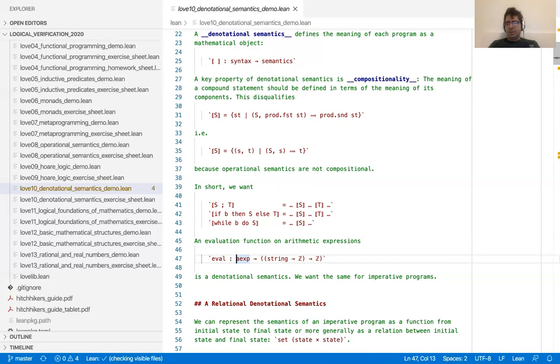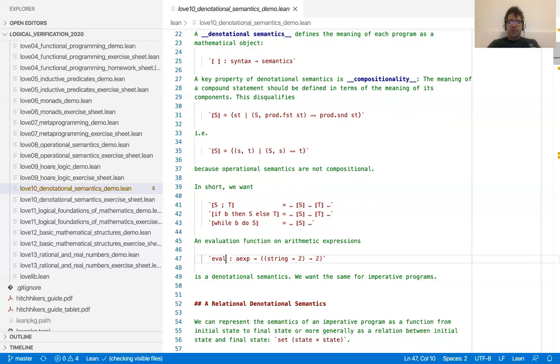That was actually a denotational semantics, but it was just for expressions which have no side effects. And now we're going to do the same for a programming language that has side effects, and that also has a while loop, which may not terminate.